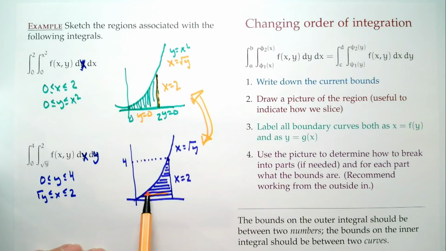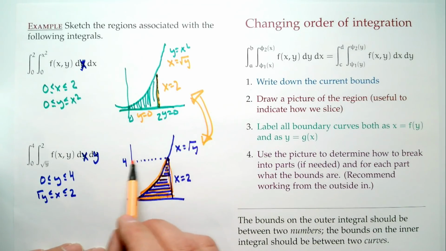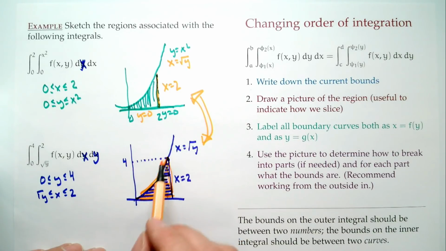So if I'm slicing horizontally now, my bounding curves are x equals 2 and x equals square root of y. Now, where do you start and stop taking your slices? Well, I start down here at the bottom, that's 0, and I stop up here, at 4. And now I have my bounds.